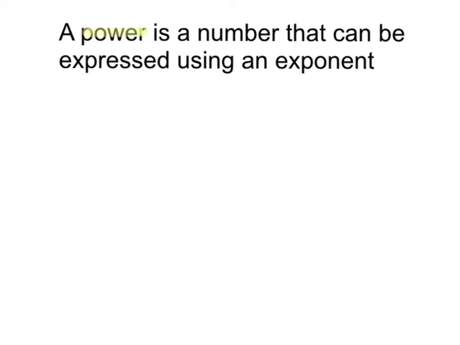A power is a number that can be expressed using an exponent. So when we're looking at numbers like the one from the previous slide, 5 to the 4th, you can also say 5 to the 4th power. So 5 is your base, 4 is your exponent, 4 is also the power.